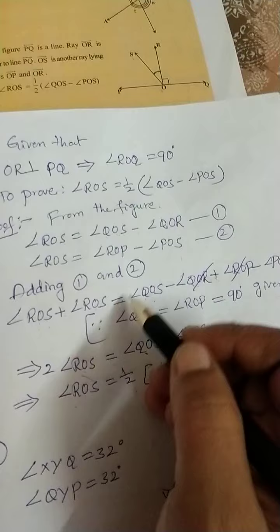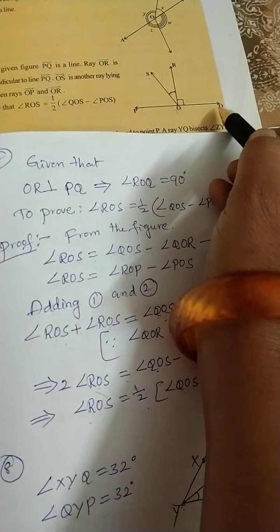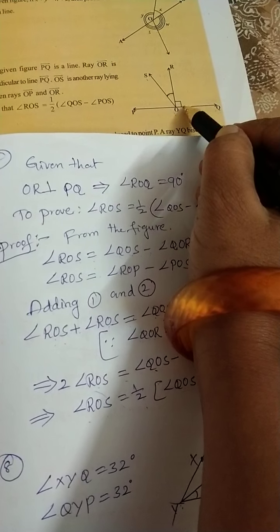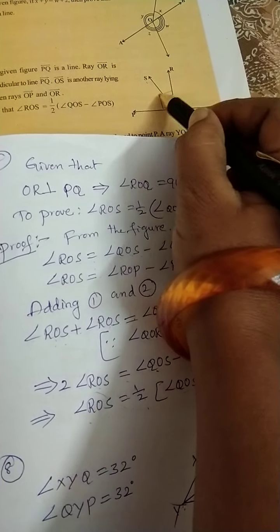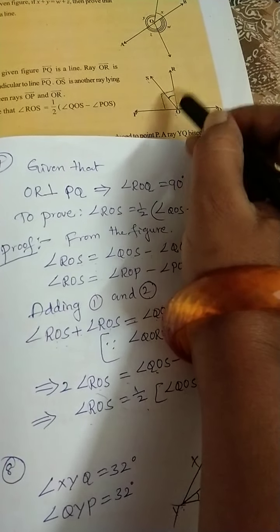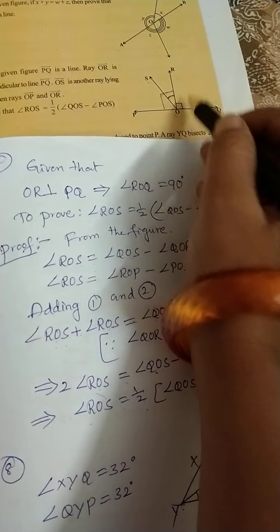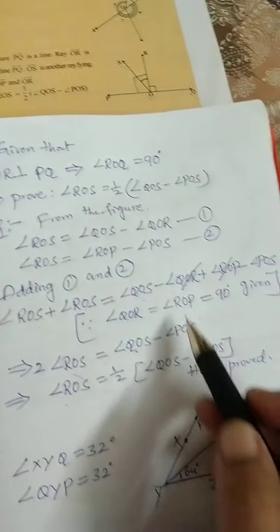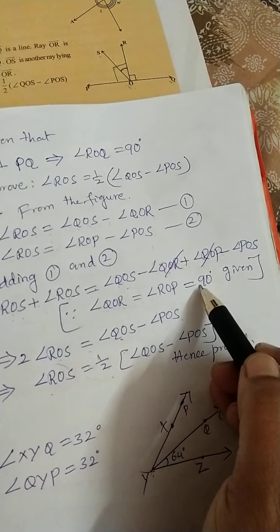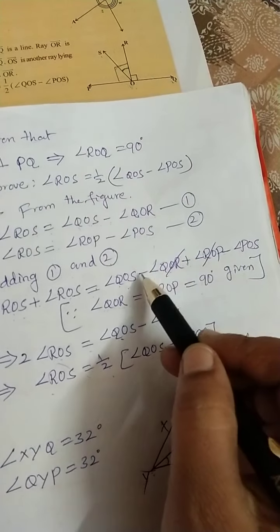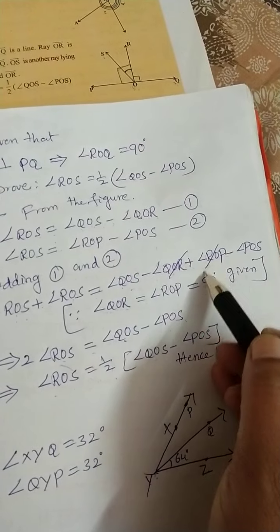Now once see here, ROQ is 90 degrees and ROP is also 90 degrees. So ROQ and ROP being 90, 90 minus 90 plus 90 will cancel.